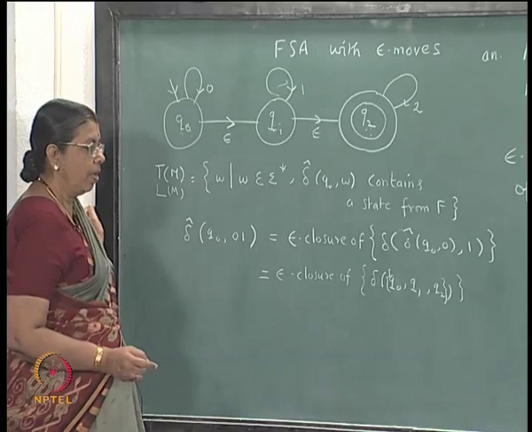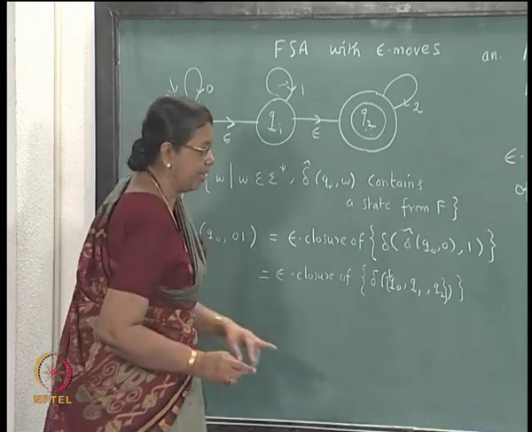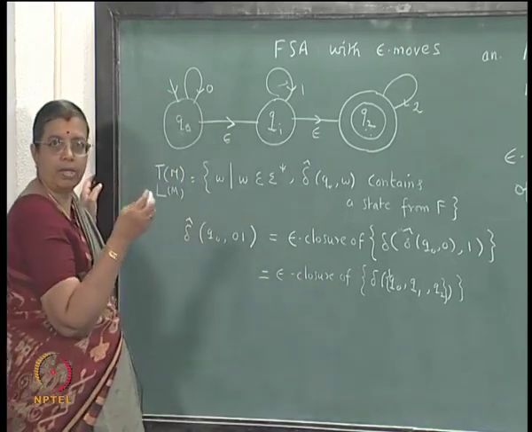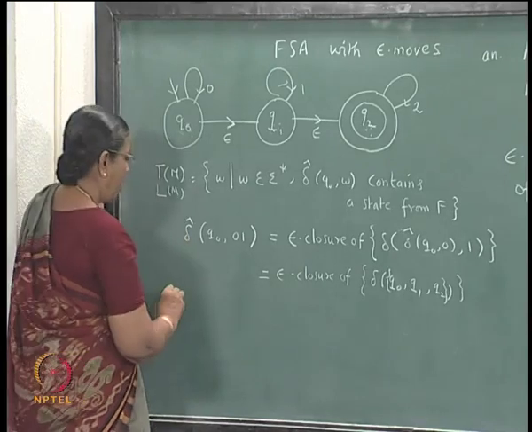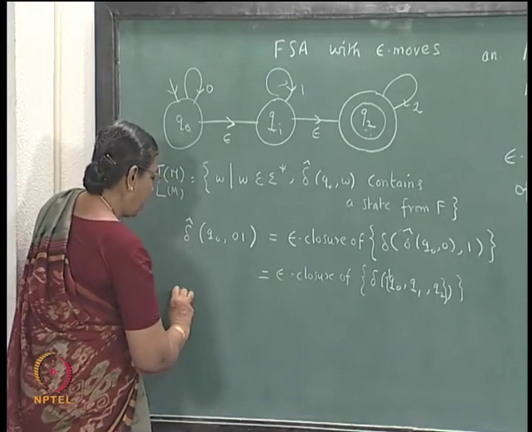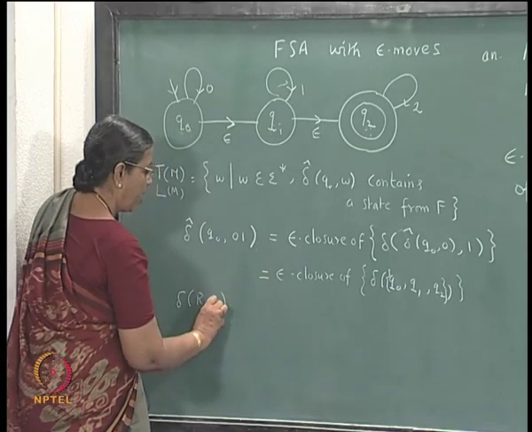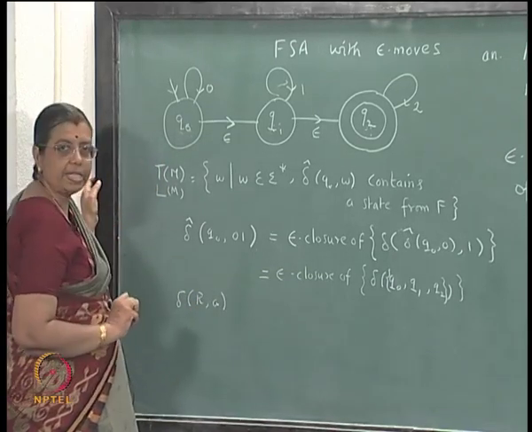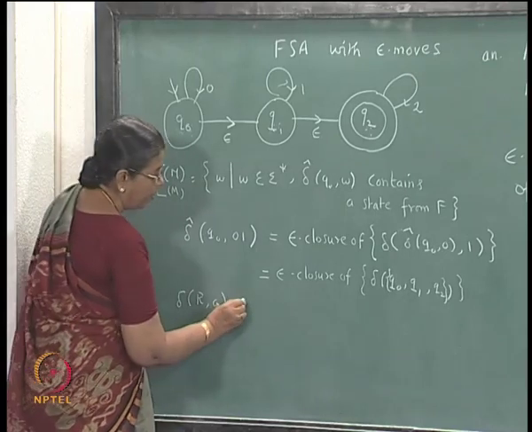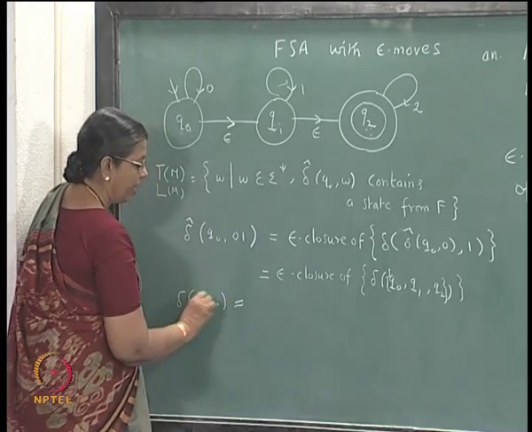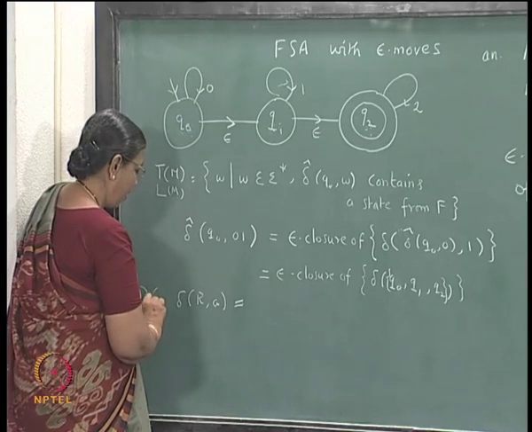Now, for a single state we have defined this. When you extend it to multiple states, what can you say? Delta of R A, where R is a set, you can define by definition.